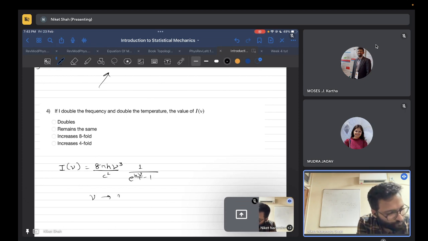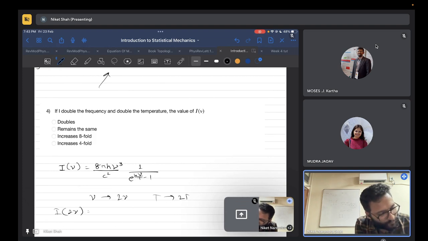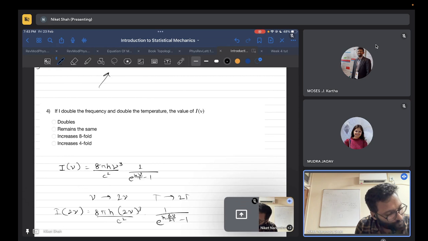Nu goes to 2 nu and T goes to 2T. So I of 2 nu will become 8 pi h times 2 nu the whole cube by c square into 1 divided by e raised to power h into 2 nu divided by 2T, temperature also is twice, minus 1. This 2 gets cancelled, so basically temperature has no effect.